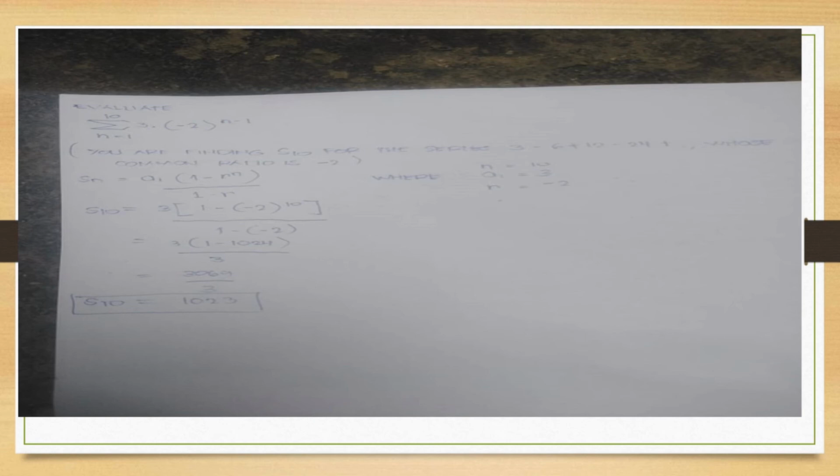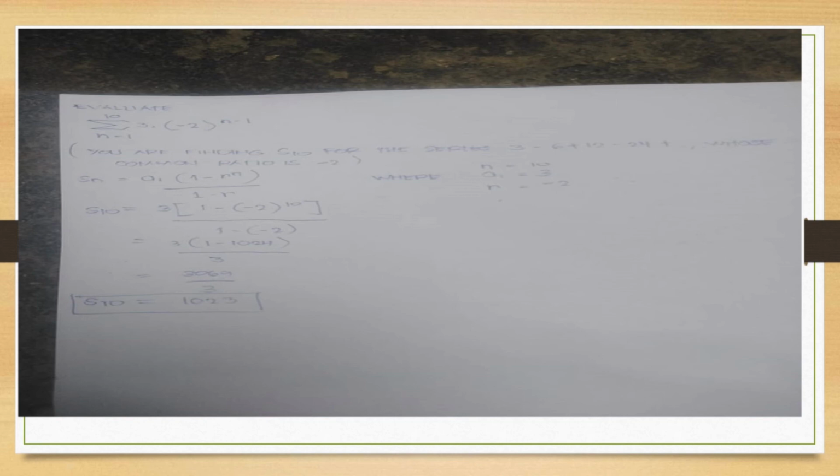So how did we get negative 1023? Where n is equal to 10, a1 is equal to 3, and r is equal to negative 2.